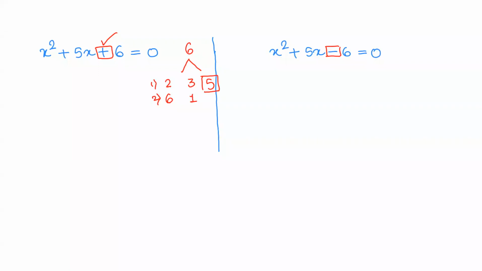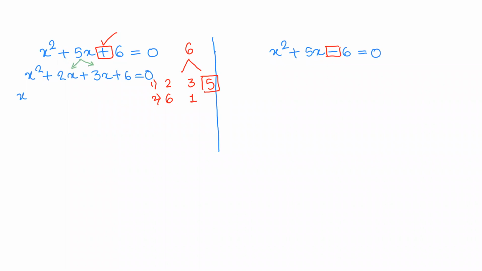So we will split the middle term this way: x square plus 2x plus 3x plus 6 equals 0. What have we done? We have split 5x into 2x plus 3x. That is what we have done. Now we do what we did when we were learning factorization, just the same.